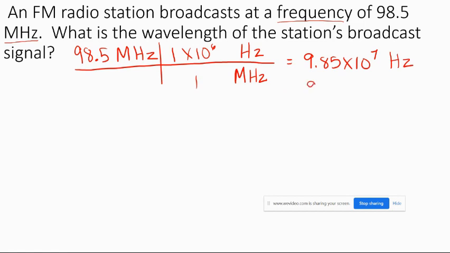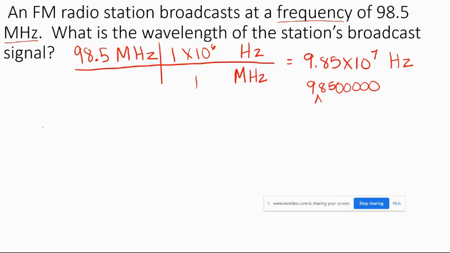Your calculator might have read it this way; this is the way my calculator kicked it back. But remember how to do scientific notation: you move your decimal point until your number is between 1 and 9. So my decimal is here. How many spaces did I move it? 7. Okay, so 9.85 times 10 to the 7th. If I move it in this direction, this value is positive.